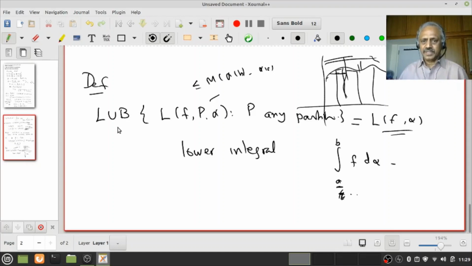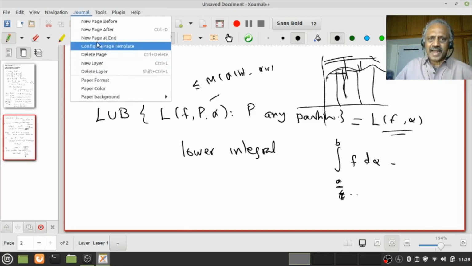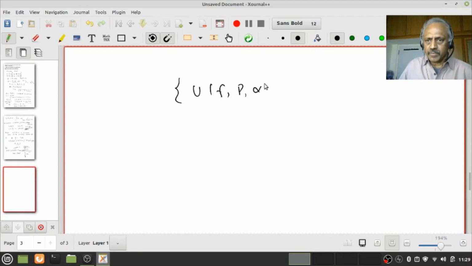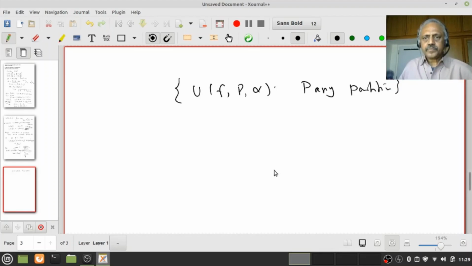Very good. Now what should be the corresponding thing with respect to upper sums? I'm sure all of you will know that. Don't be afraid, just make a guess. So I take the set U(f, P, alpha), where P is any partition of the interval. What did you observe?